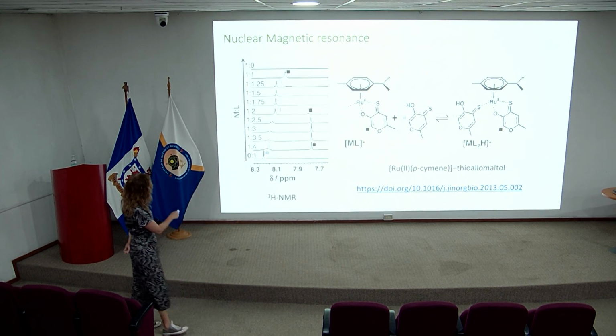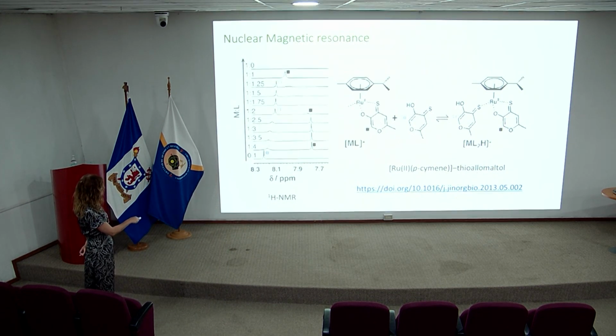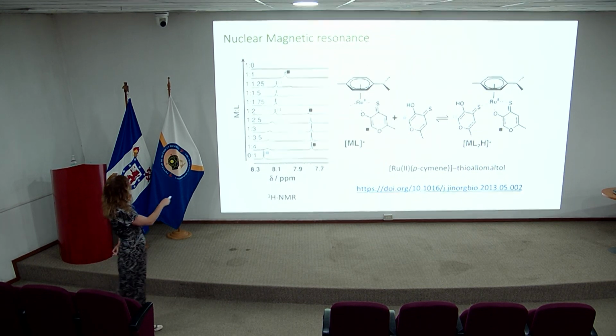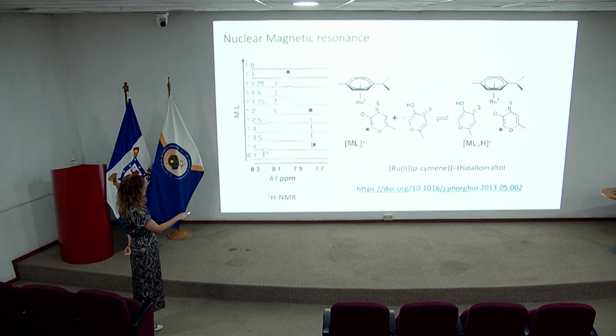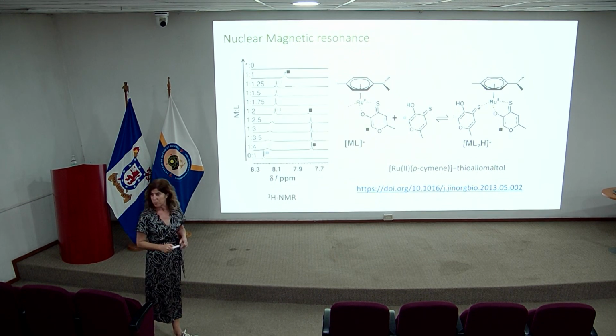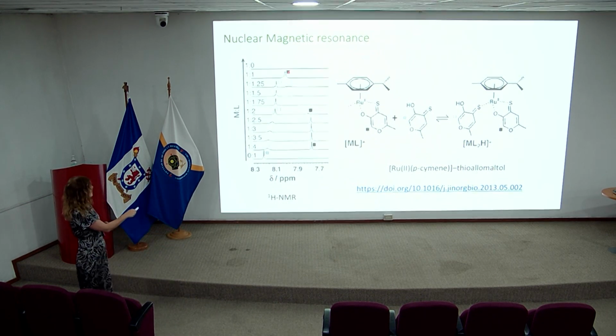For instance, if we have a metal to ligand ratio of 0-to-1, we only have ligand, which is shown here in gray with a peak here. If we have the 1-to-1 complex, it's this one. So in 1-to-1 ratios, we'll have simply the 1-to-1 complex, which corresponds to this peak here.